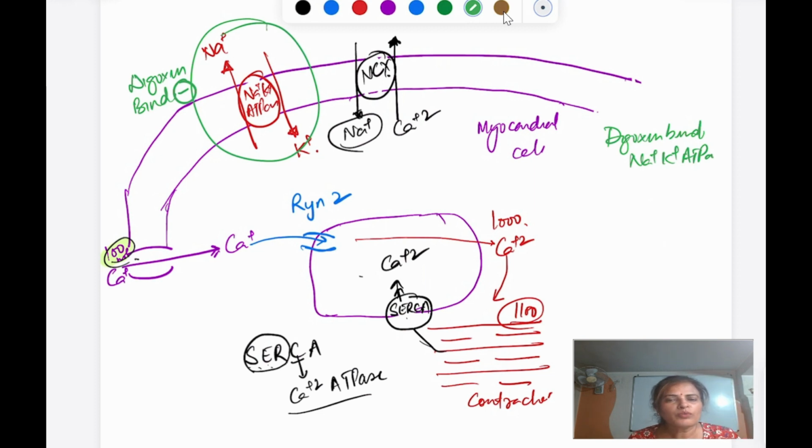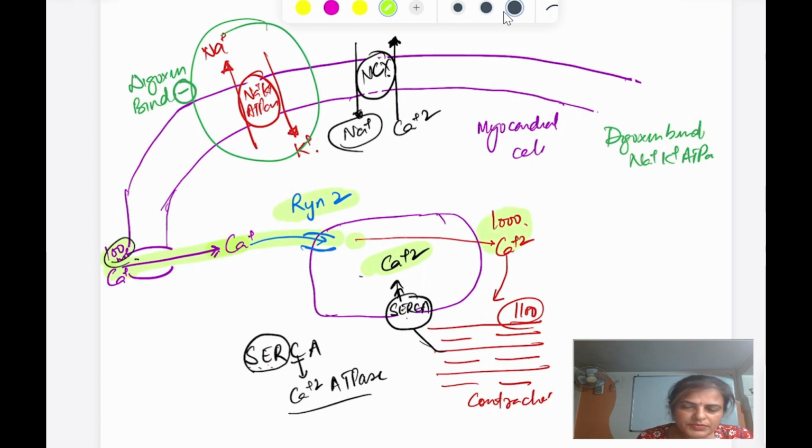Now again recall, leaving this last step, how exactly it happened. This calcium enters through the voltage gated L type calcium channel. It triggers the release of calcium from the sarcoplasmic reticulum by stimulating the ryanodine receptor. A huge amount of calcium is released, which causes the contraction of actin and myosin, and ultimately the myocardium contracts.